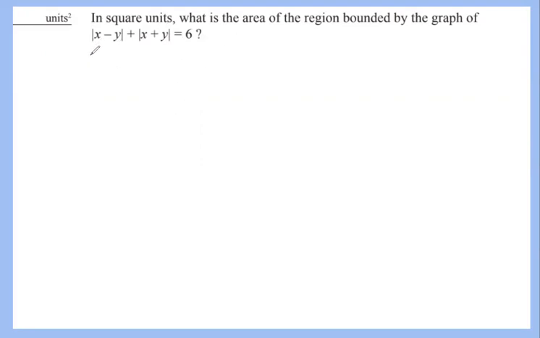If the absolute value of x minus y is equal to 0, then the absolute value of x plus y should be 6, right? If the result is 0, that means x minus y has to be 0, which is like x equals y. We want to satisfy the second one as well.